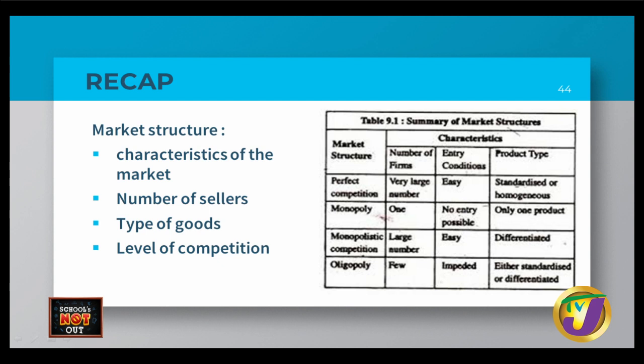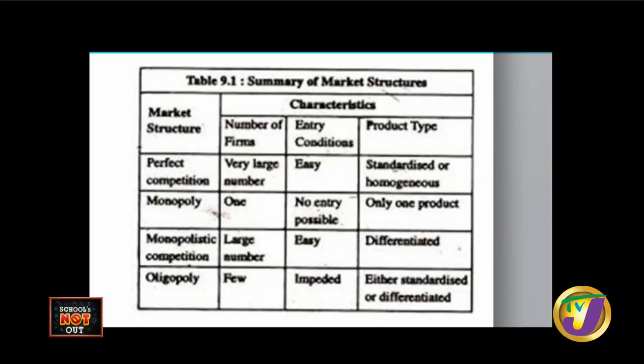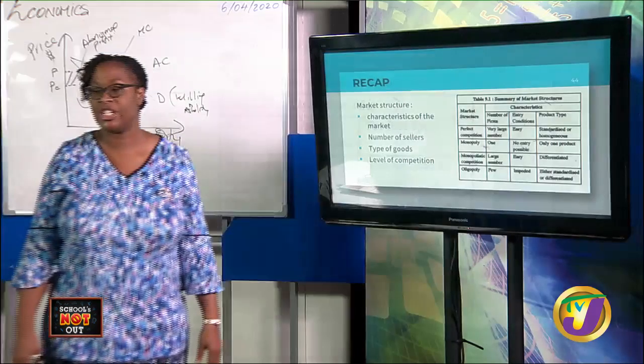And the product type, the goods are differentiated, usually by branding. Oligopoly, few large firms, anywhere between 3 to 8. Entry conditions, there are significant barriers there, and the type of good can either be homogeneous or differentiated.